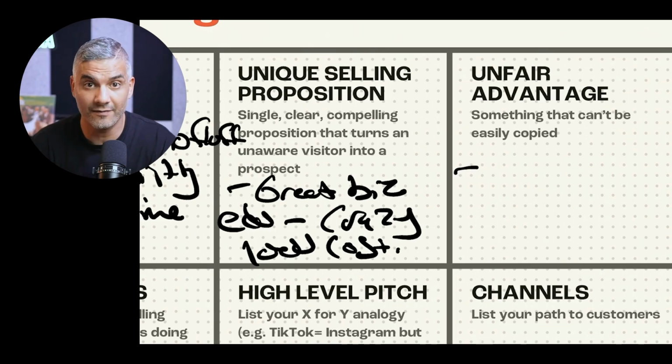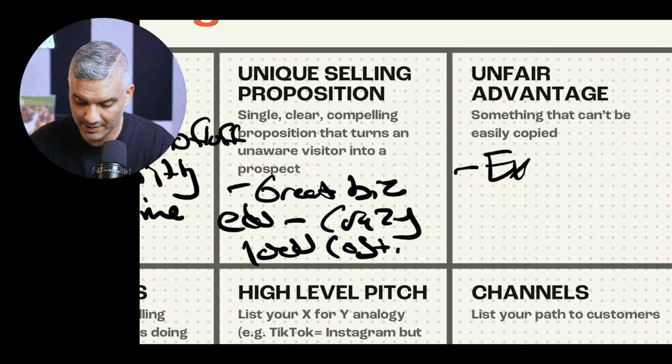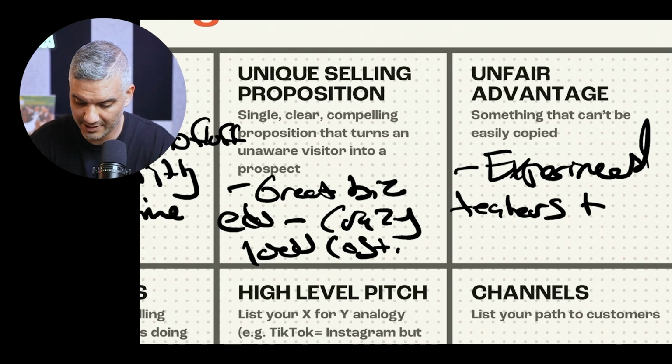So that's a very hard thing to copy. You would have to spend 10 years in teaching in order for you to copy me. So that's really hard. So unfair advantage: experience, teachers, plus entrepreneurs.